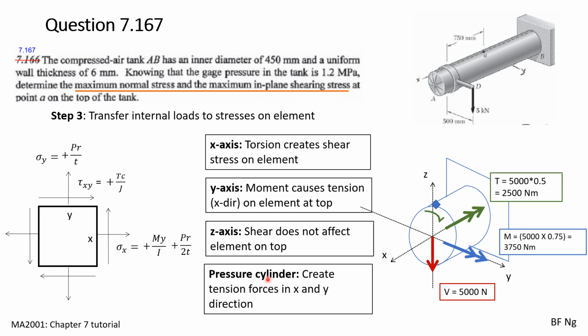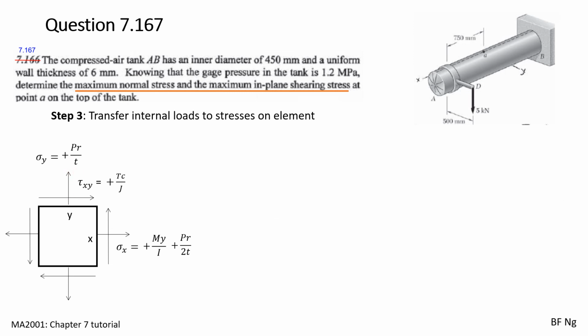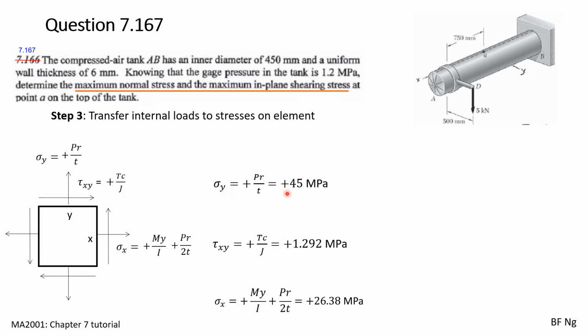We also have the pressure cylinder, which will have tension forces along the x and y direction. In the longitudinal direction, we have PR over 2T. In the hoop or circumferential direction, we have PR over T. We can now solve the values of sigma y, sigma x, and tau xy using the equations that we have derived.